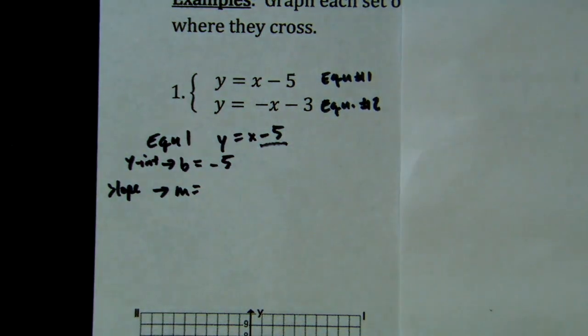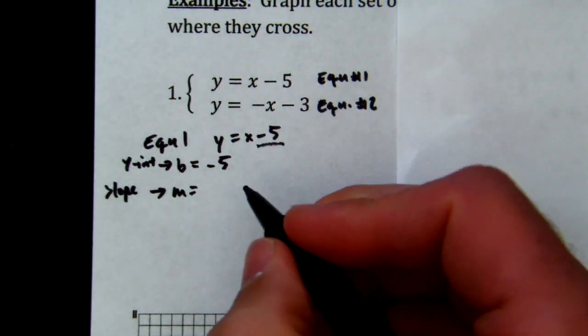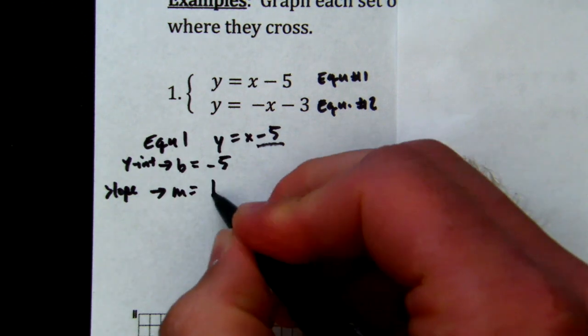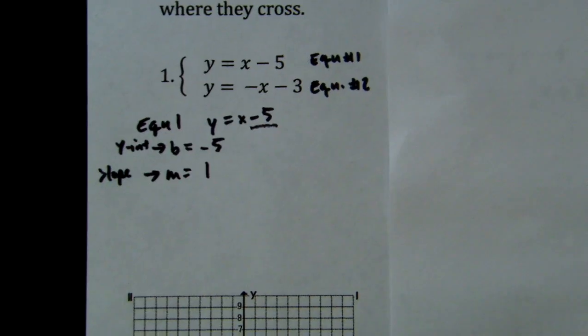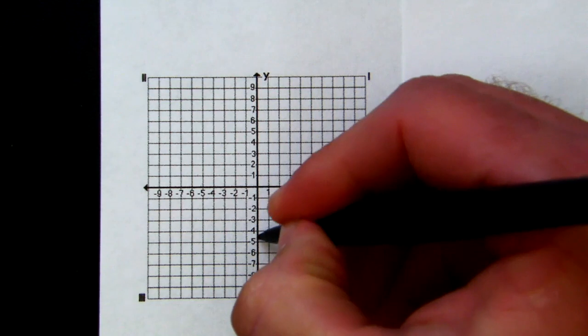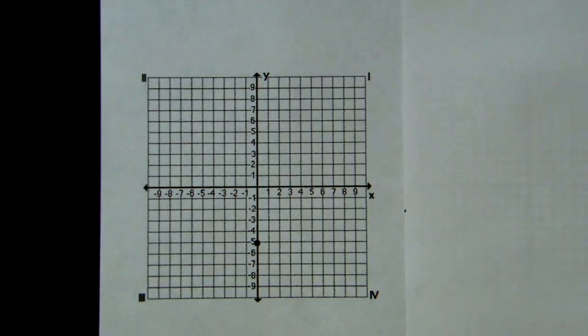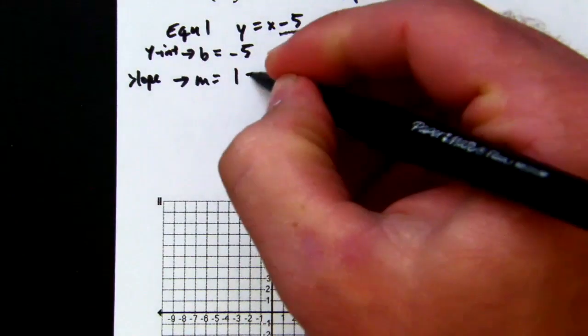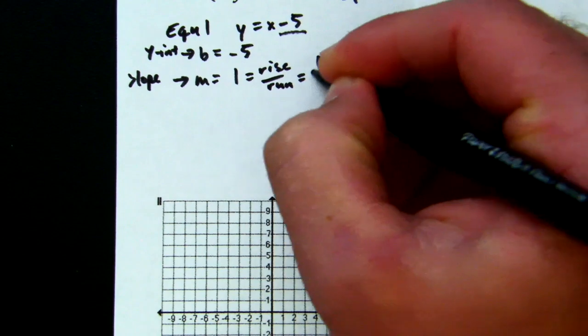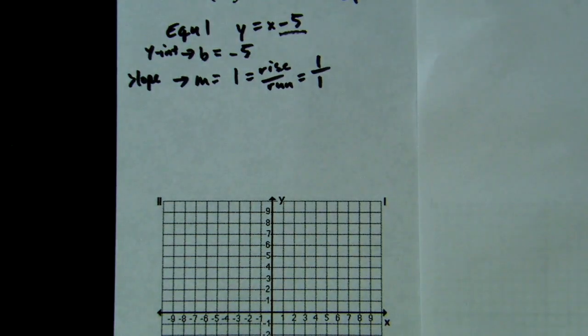I'm going quick. If you need a refresher, watch the other videos. The slope, remember, is right in front of x. And if there's no number, that just means it is +1. So to graph this equation, I'm going to graph my y-intercept first, which is -5 right here. I'm going to put a dot right where the graph crosses the y-axis. My slope is +1, and if you remember, rise over run, we can put that into a fraction, 1 over 1.